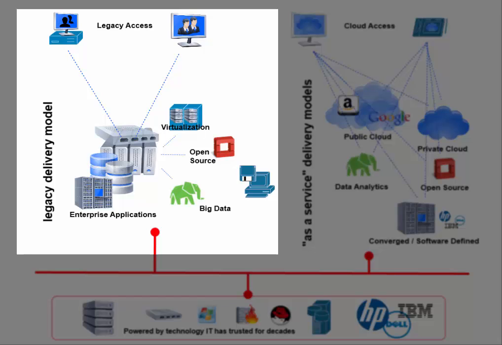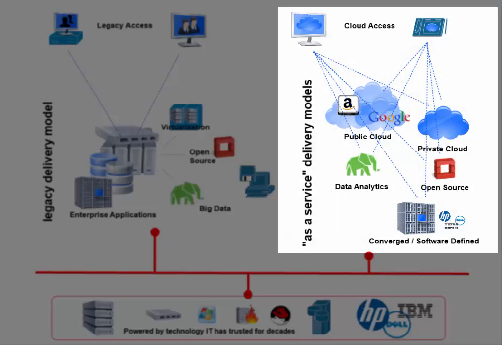And then we've shifted here in the last couple of years, and I believe we're going to continue to shift into what we call an as a service delivery model. And we see things popping up. We see public clouds, private clouds. We see data analytics, the open source and OpenStack, those type of software delivery.